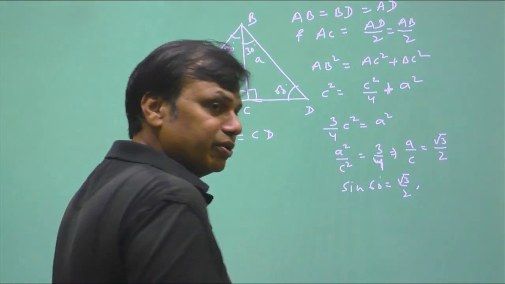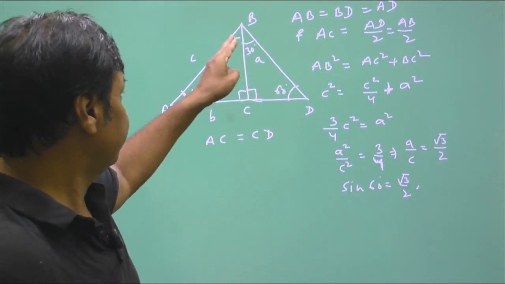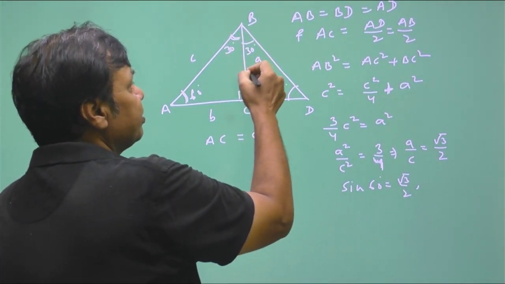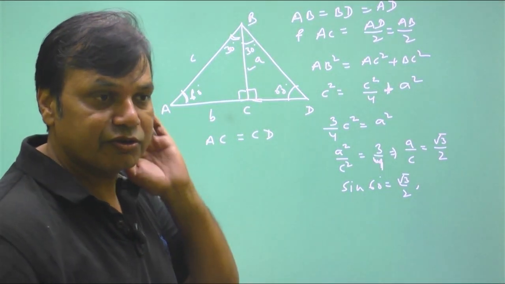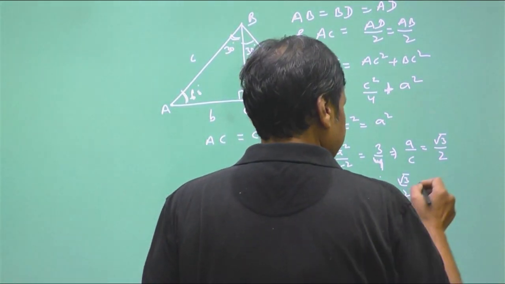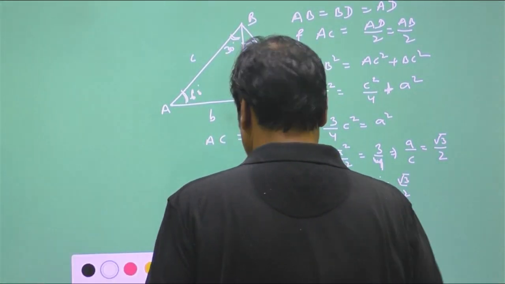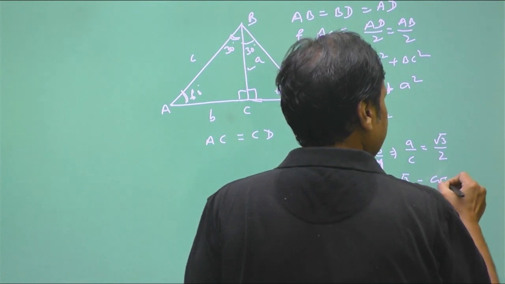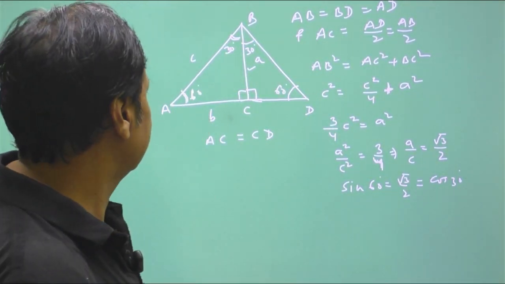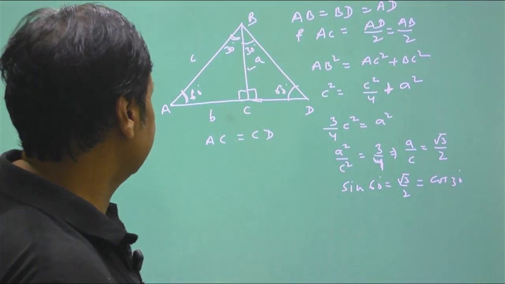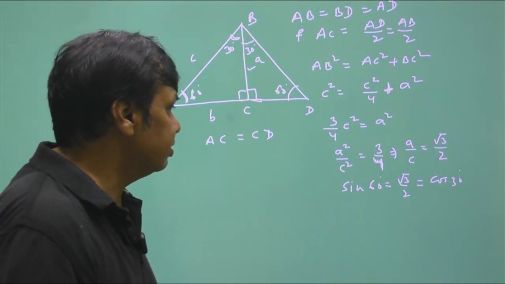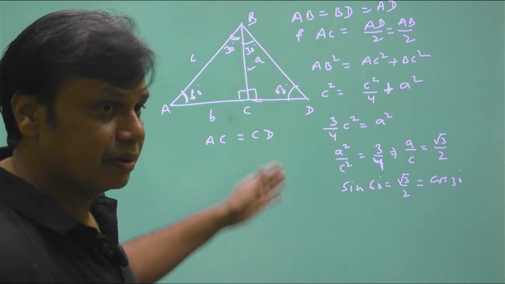And if you take this 30 degree angle here, this becomes the base. So a by c is cos 30 degrees. So sine 60 degrees is also equal to cos 30 degrees. You can also find other things like sine 30 from this figure.